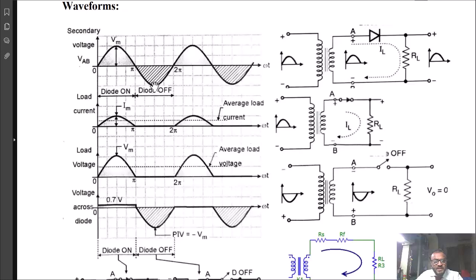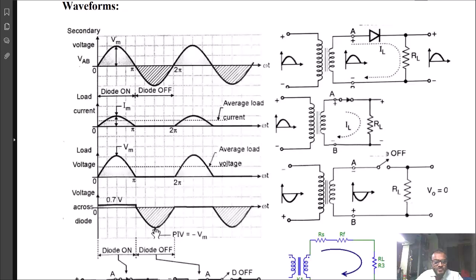During the negative half cycle of the input, from pi to 2 pi, since the diode is reverse biased, the complete voltage VBA will appear across the diode, for the entire negative half cycle.